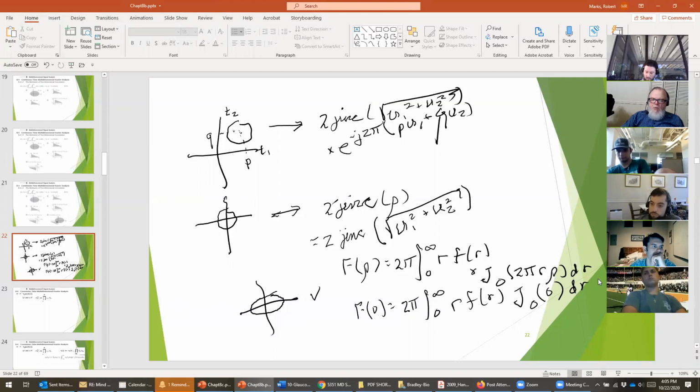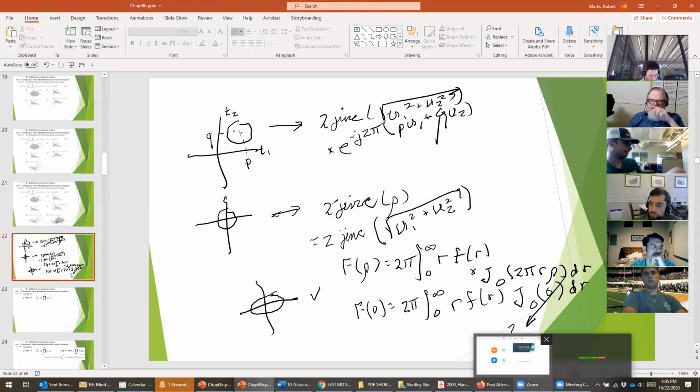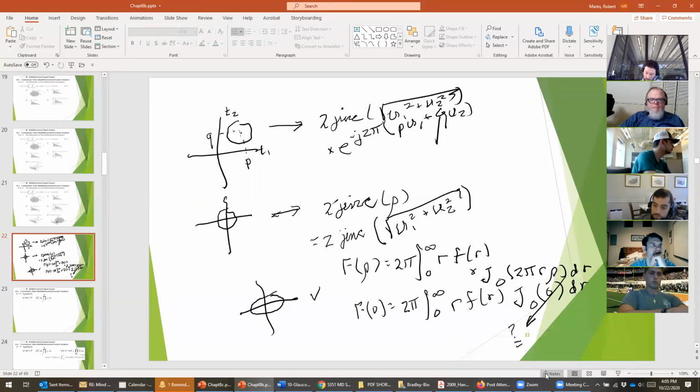Does anybody know what this is at the origin? That's for you to find out. And if it's 1, we just get the area of the signal, don't we? So hopefully that will help you here.